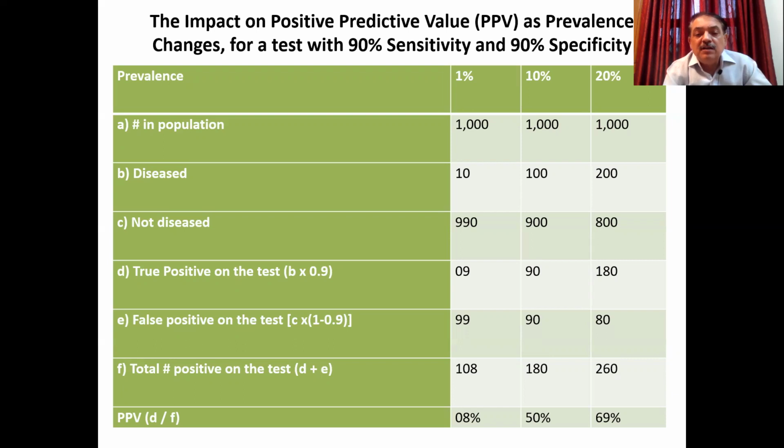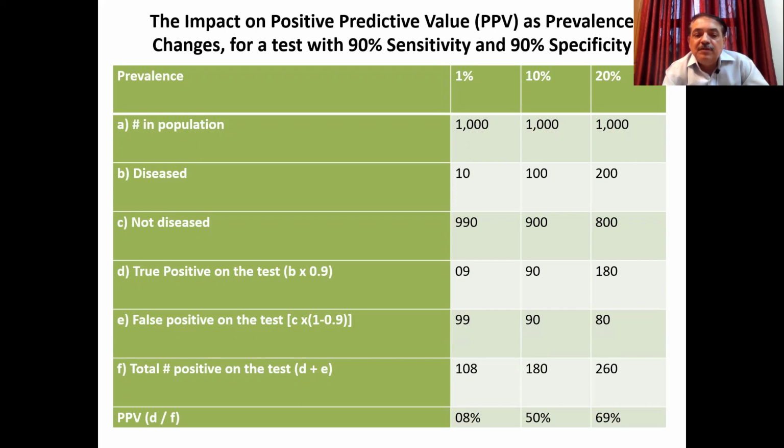Let me calculate for 1%. If you see 1000 population, just 1% are diseased. That means 10 people, and that means not diseased are 990. And out of this diseased, 90%, that means 9 people are true positive. When we calculate false positive, we calculate from the non-diseased, and non-diseased are 990. 90% will be correctly identified true negative, but 10% will be identified as false positive.